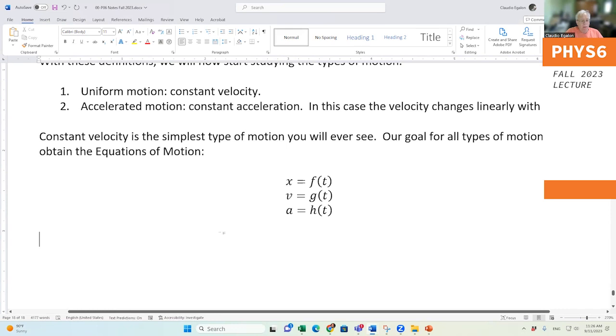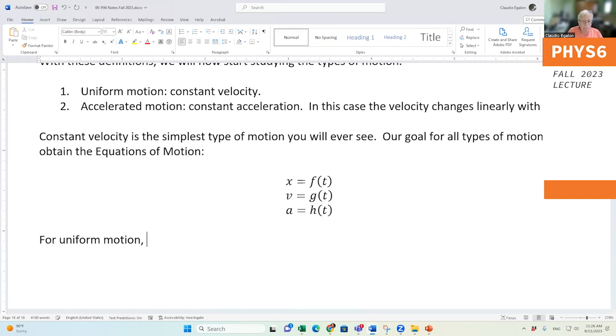Okay. For uniform motion, we already know that the velocity does not change as a function of time.